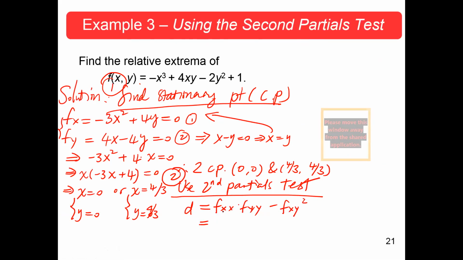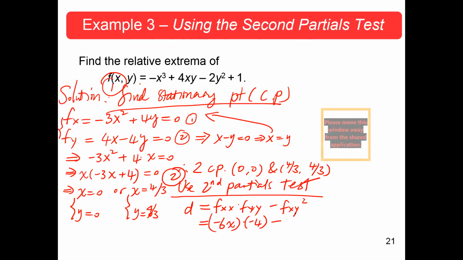Let's see, what is fxx? Negative 6x, because we have fx being negative 3x squared, so the second derivative will be negative 6x. Fyy would be negative 4.